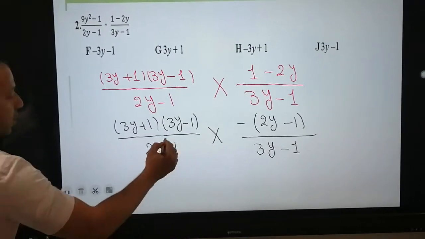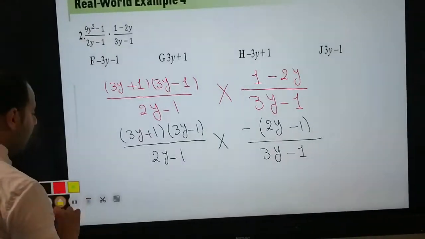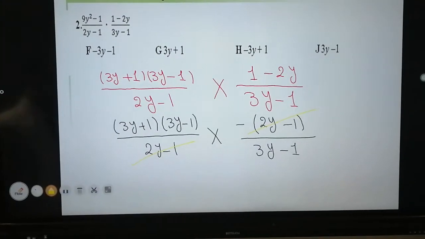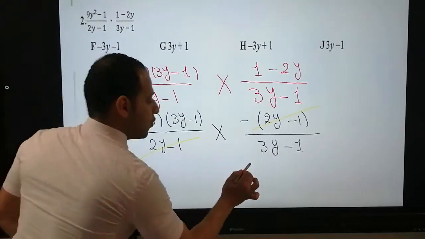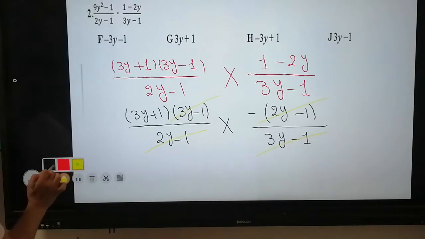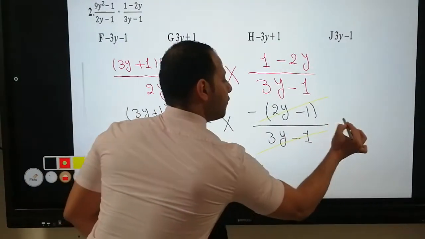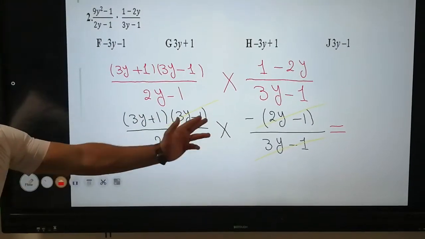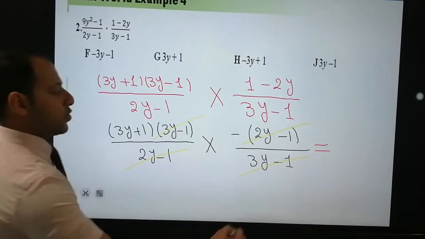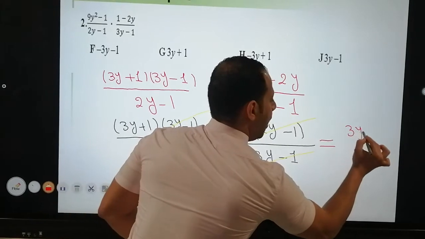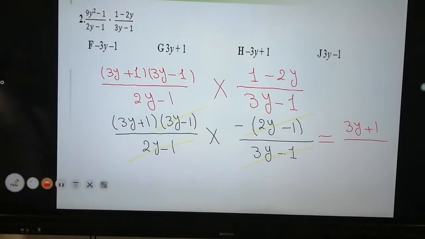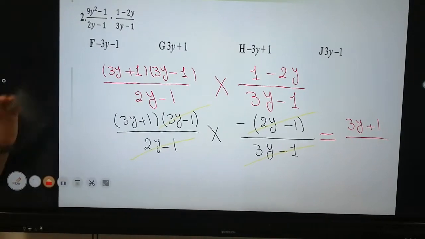Cancel this with this, and 3y minus 1 with 3y minus 1. Then I need to write the remainder after cancellation. You have 3y plus 1 over 1.